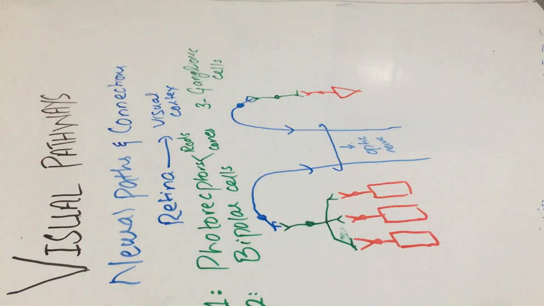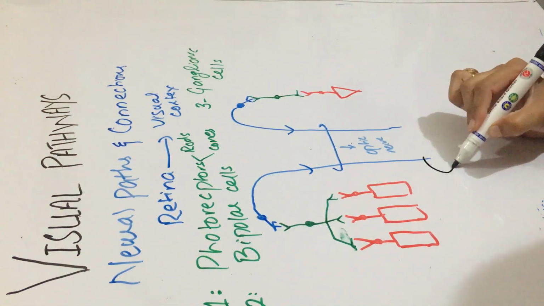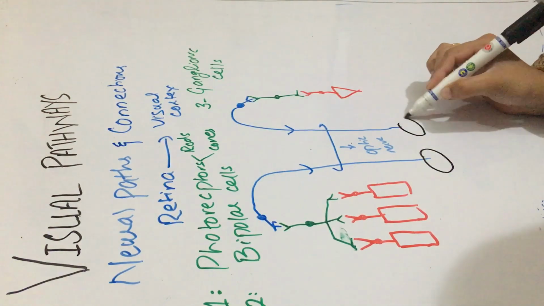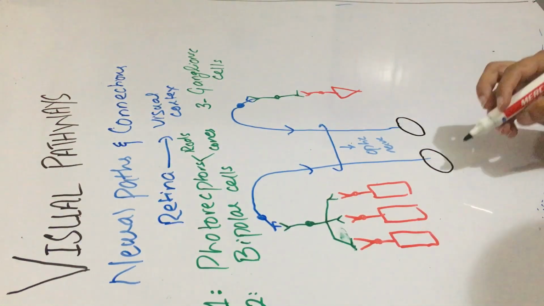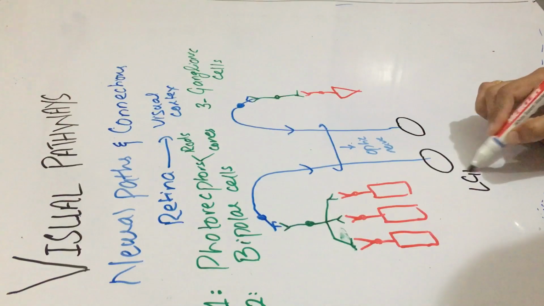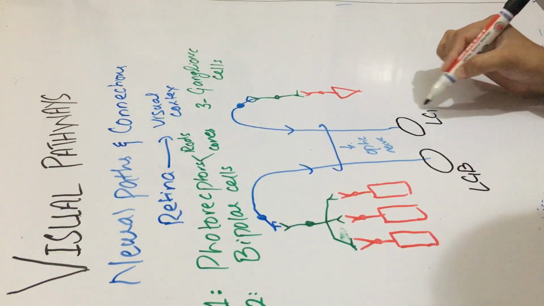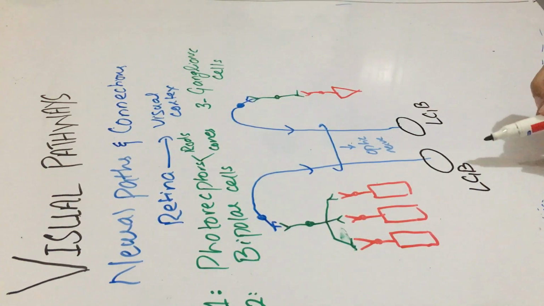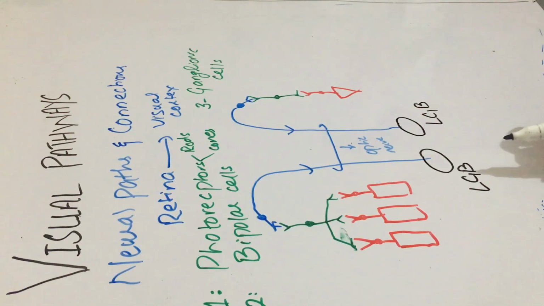Now where do the axons of these ganglionic cells go? They terminate in the lateral geniculate body, LGB. LGB stands for lateral geniculate body.